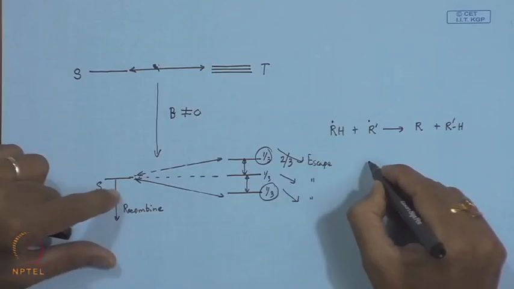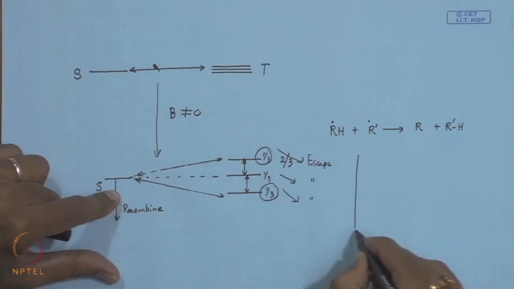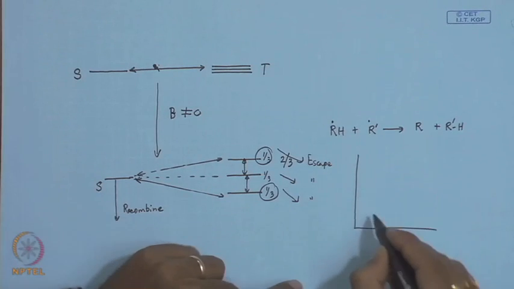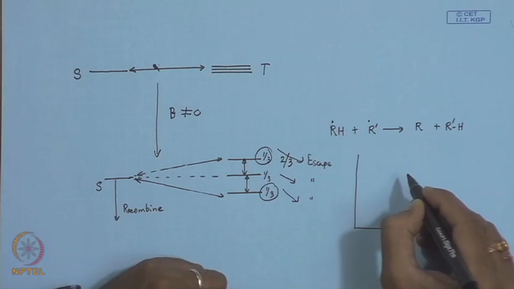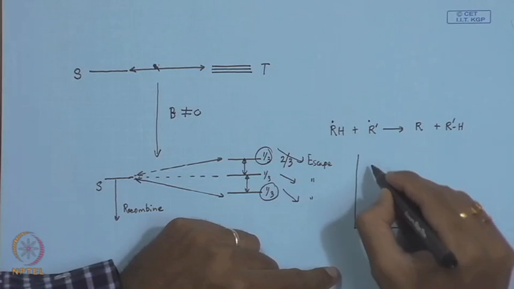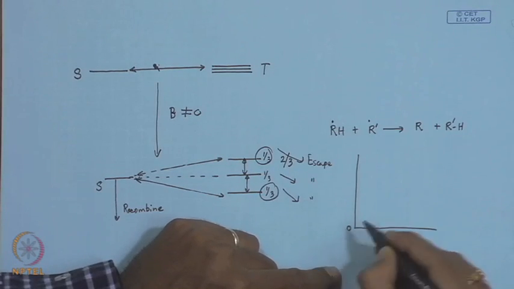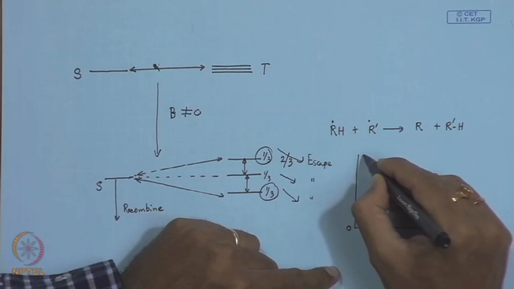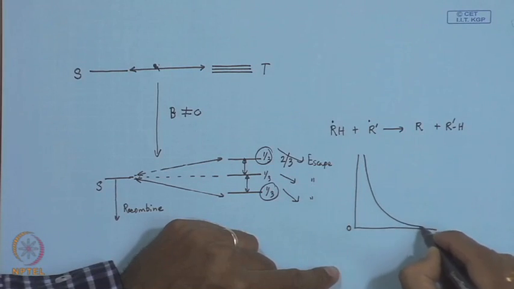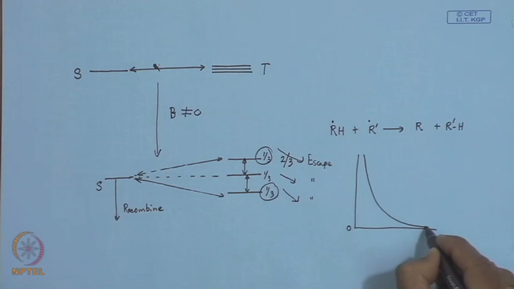So they will remain as free radicals. That is why, when you look into the signal from the oscilloscope, if it is truly 100% recombination, then this is your 0 of the y axis, and the signal will go very close to 0.